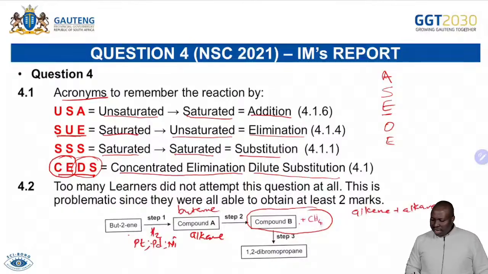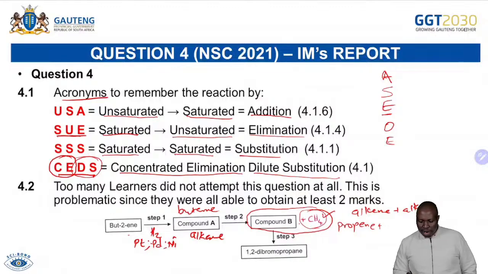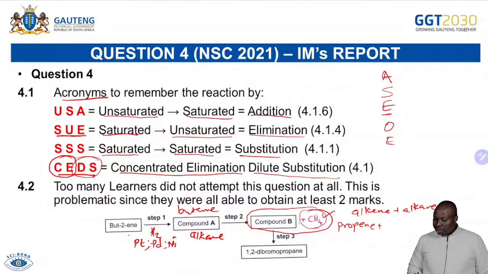In this case, the alkane is methane, so we know that the other one must be propene. So it's propene plus methane that we formed here. Methane, we showed it for you there, CH4 is formed. So this must be cracking. And then when you have propene, you know it undergoes addition. So you can add Br2 there.